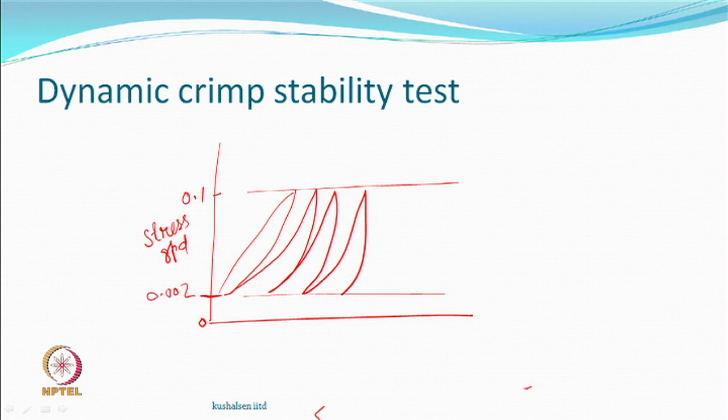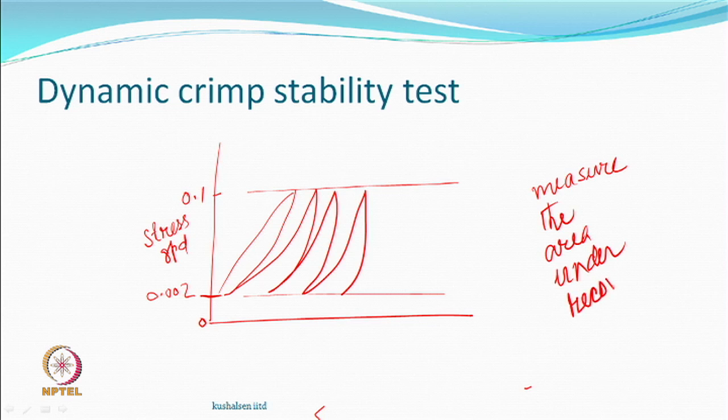And what do we do? We can measure the area under the recovery curve. So, this is the loading and this is the recovery.